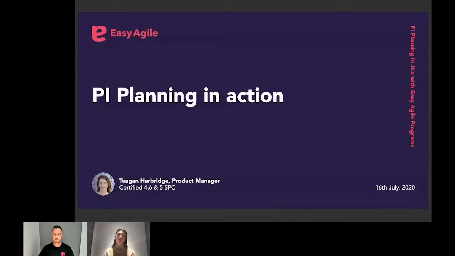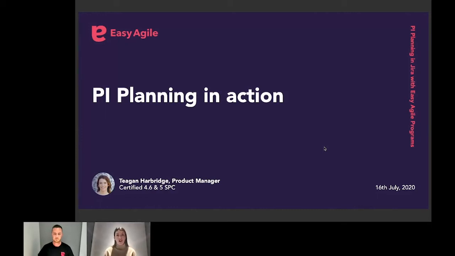So we ultimately built Easy Agile Programs with the goal of helping those teams scale their planning in Jira by providing a native tool and a way that they could get cross-team visibility and a better dependency visualization inside of Jira.